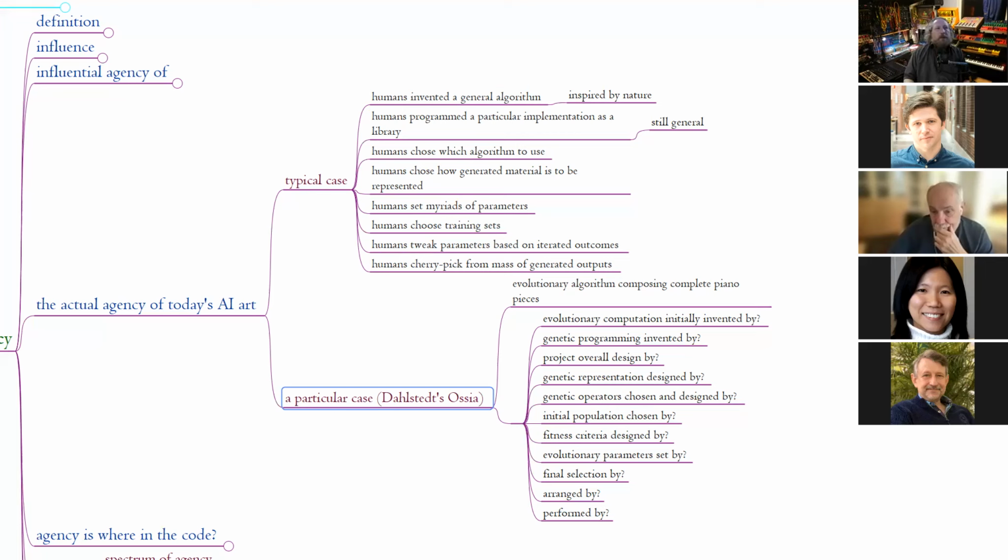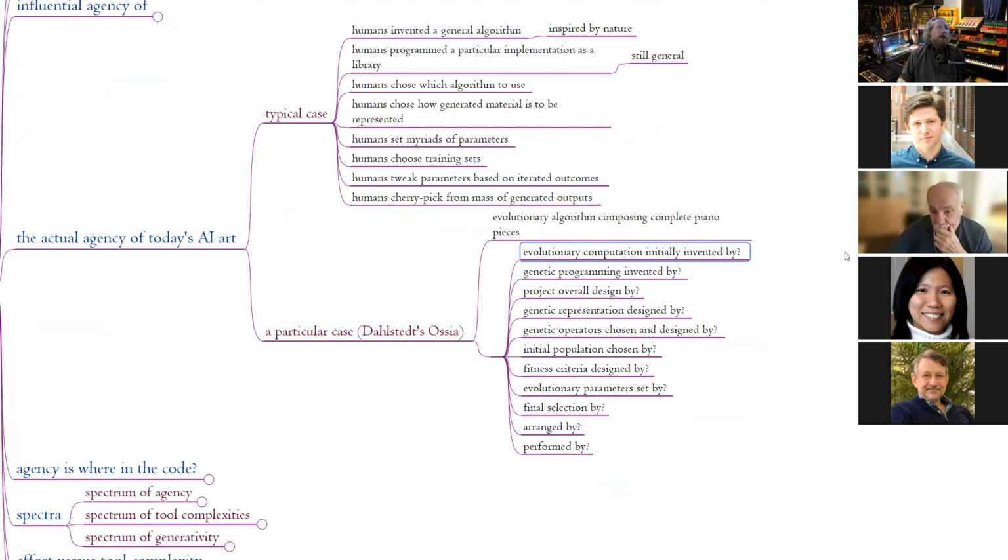For example, I just did in the book chapter, I analyzed this particular example, a system I wrote about 20 years ago that composes complete piano pieces through evolutionary computation. And there were so many components invented by others that really influenced that I could do this and how I did this. Evolutionary computation in general, genetic programming. I did the overall design.